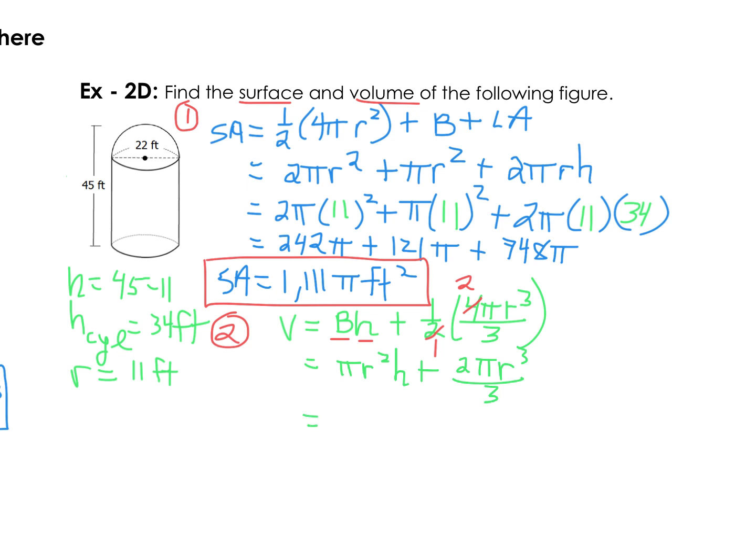Okay, so here we go. Pi big parentheses squared times H plus 2 pi big parentheses cubed divided by 3. So let's plug in our values. So our radius is 11, our height is 34, and then our radius is 11, goes over here as well.